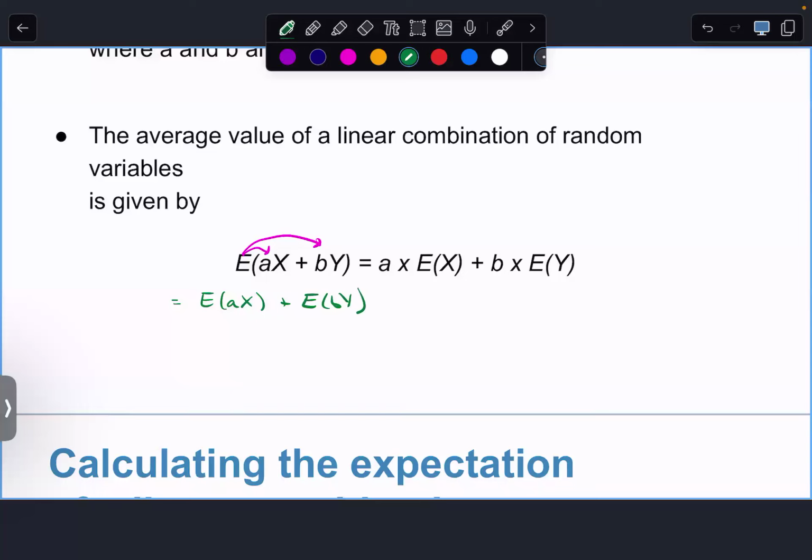But the expected value of 3 is just 3, for example. So then the expected value of a is just a. And so you can rewrite this as a times E of x plus b times E of y, which is what they had here, right? So the E just kind of latches on to the x's and the y's, and it bumps out the coefficients in front. Okay.